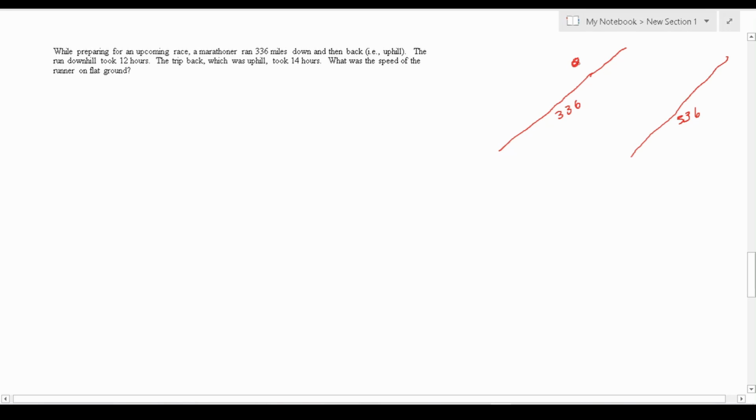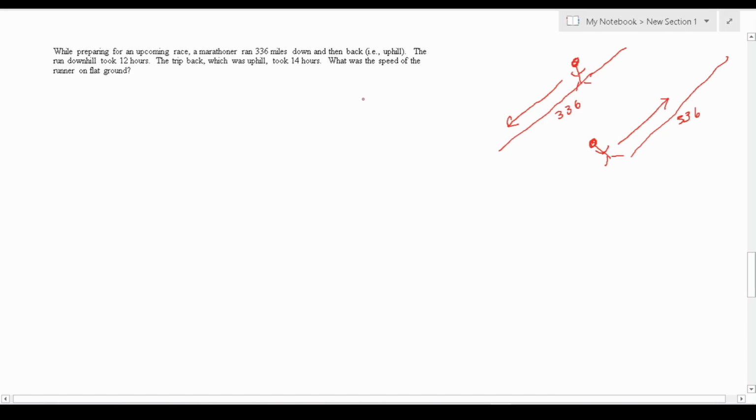In this instance, the runner is going downhill, and if you've ever run downhill, you know that this will speed you up, whereas if you have to run uphill, which they're going to be doing in this one, it's much harder, and that's going to slow you down. Okay, so like in the problem where we had the question about the boat going upstream and downstream, we have to understand that the hill itself is going to either slow you down or speed you up.